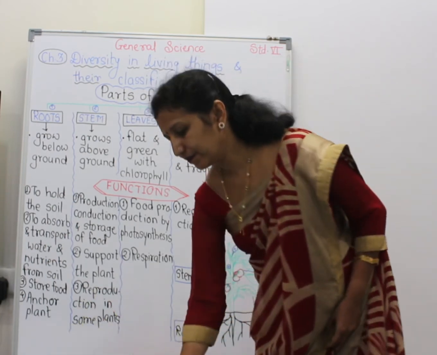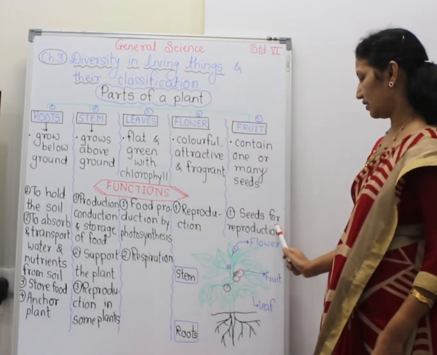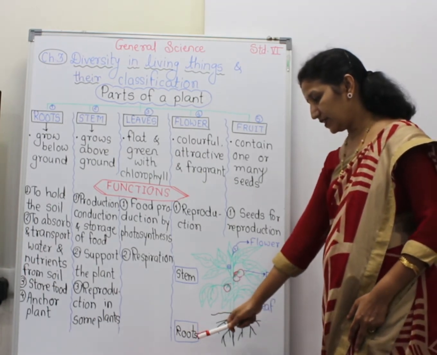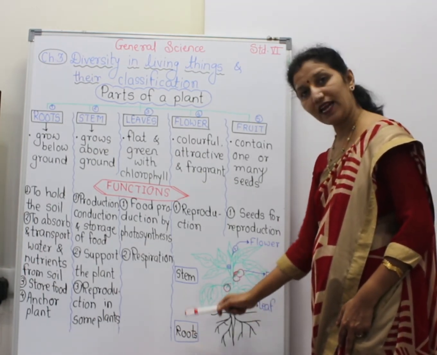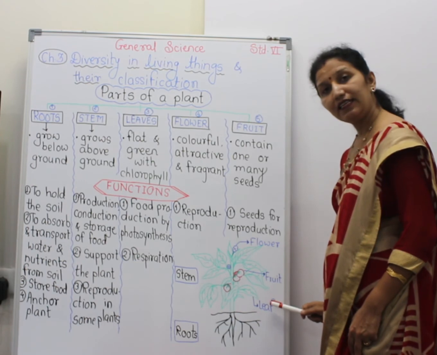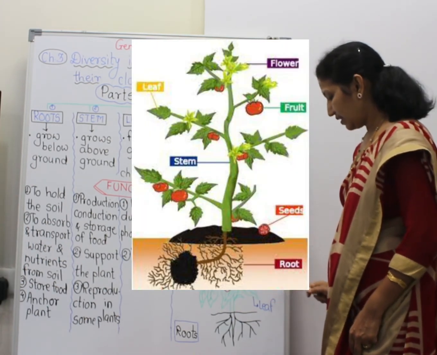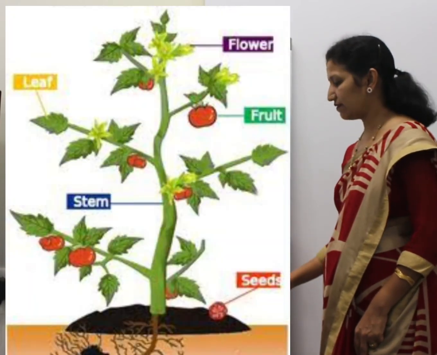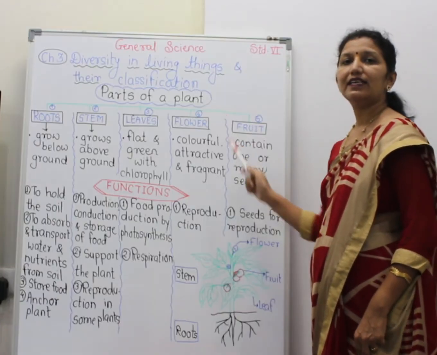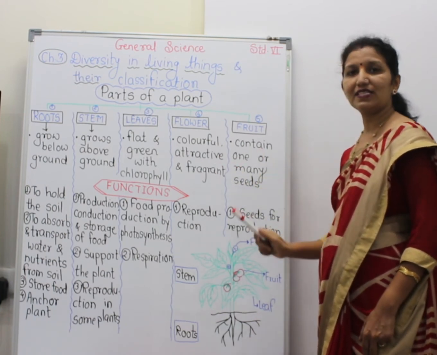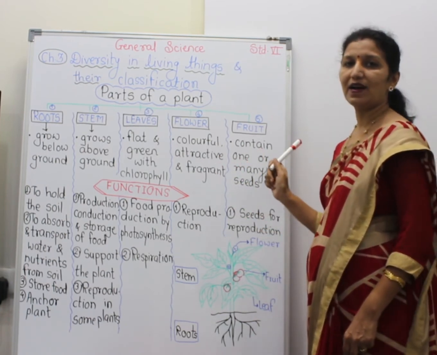This plant is divided into two parts, roots and stem. And this plant contains leaf, then flower and fruit. In this way, we have studied the different parts of a plant, their structure as well as function of different parts also.